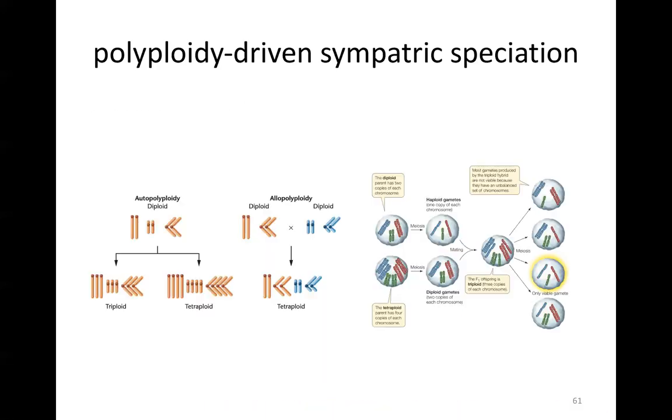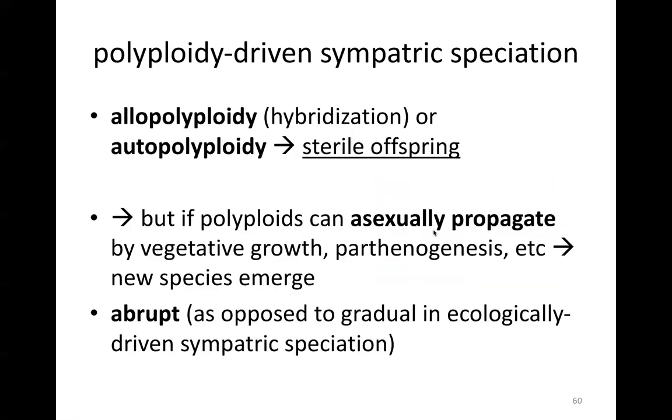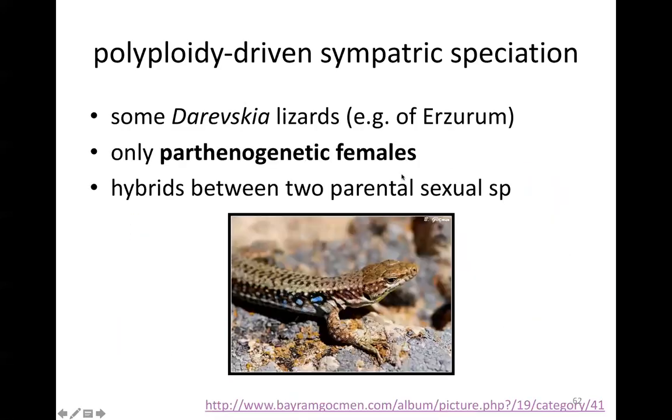But yeah, even if the offspring aren't fertile, you can have asexual propagation, as we mentioned. So there is in East Anatolia and also in the Caucasus in Armenia, these lizards which have produced new species through hybridization and parthenogenesis.